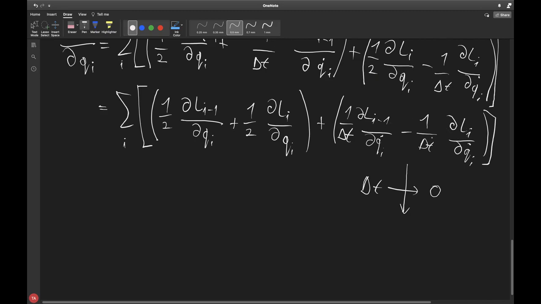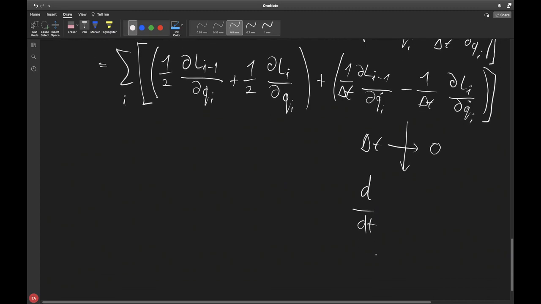So if I exchange these two terms, so I add an extra minus sign, then I get the derivative of this L term by time. So this leads to a derivative by time of this derivative of the L function by q dot. And this will lead to 1/2 plus 1/2, which will lead to a derivative of L by q.